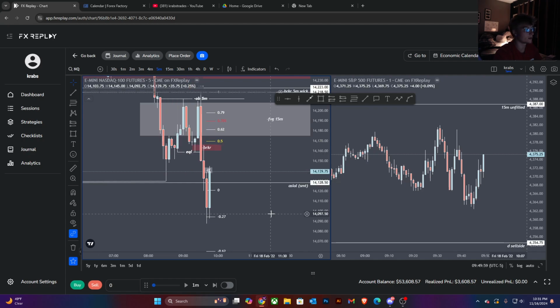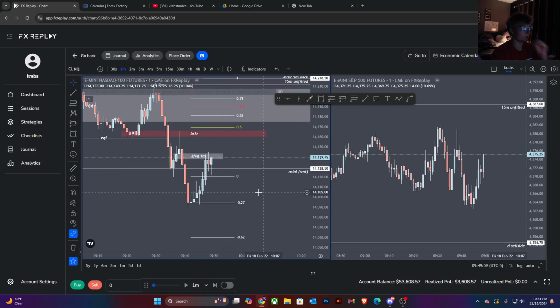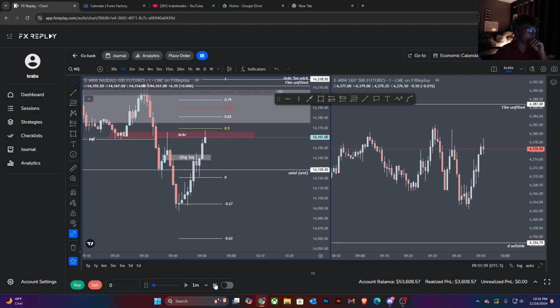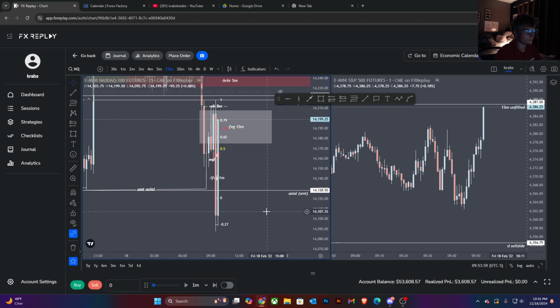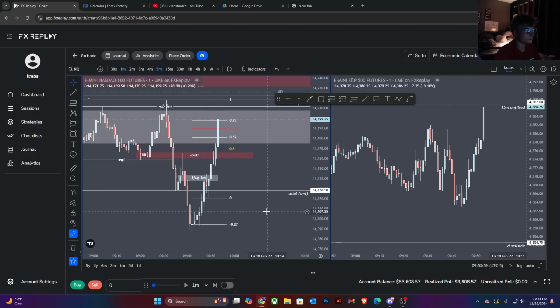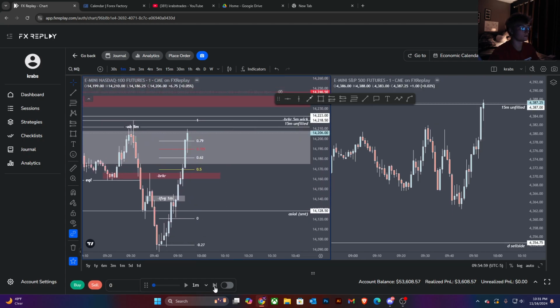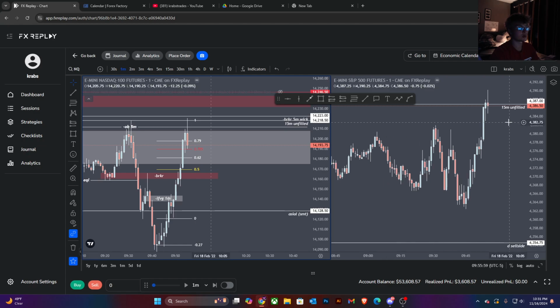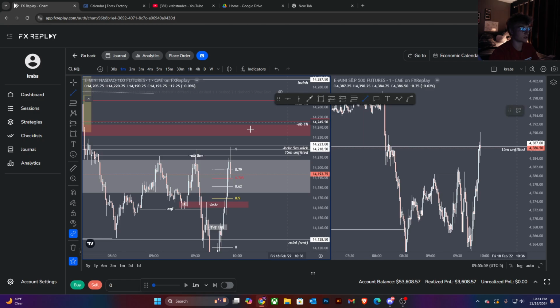Let's see if we can make like a 15-minute tap into there. Let's see, when does this open? 10 a.m. Not even bullish, I'm still bearish here. Alright, SMT right now. SMT here.